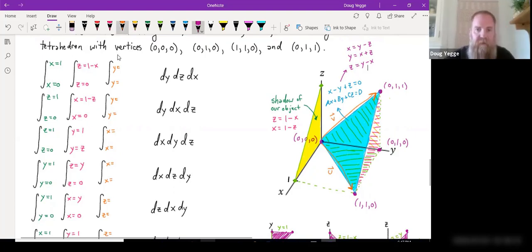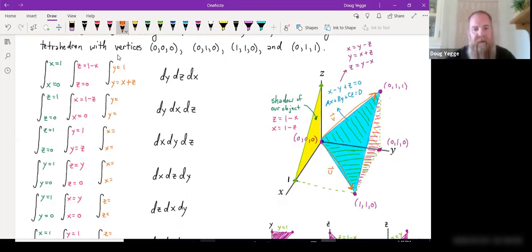So let's extend this. So let's think about how this works. As I start in the xz plane, this is going to enter the blue plane and it will leave y equals 1. So that means that this is going to enter the plane at y equals x plus z, and it's going to leave at y equals 1.